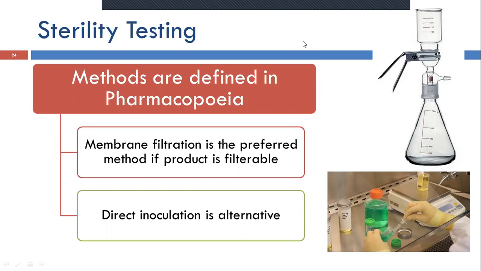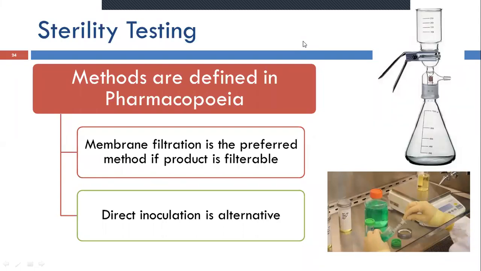Can you test the syringe by a filtration technique? No. So definitely no. In that case, we have to go with the alternative method, which we call the direct inoculation method. So these are the two different methods followed for sterility testing: one is the membrane filtration technique, another one is the direct inoculation technique. Which technique has to be used depends on the nature of the product.